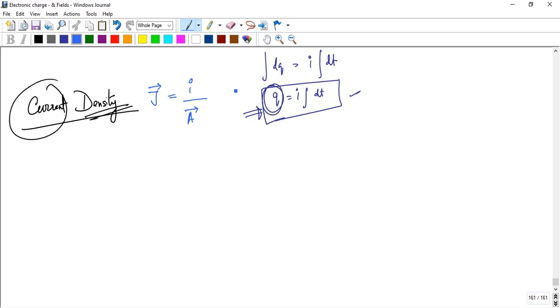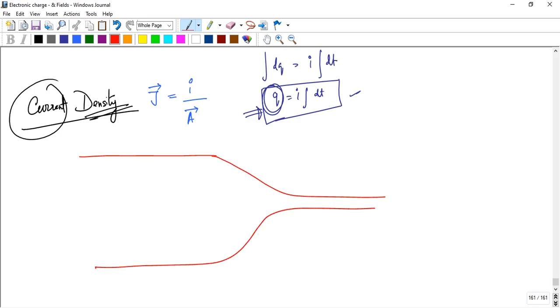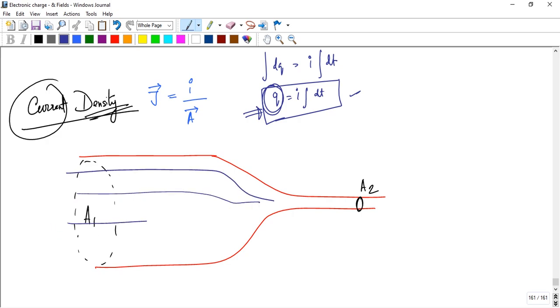Suppose you consider a pipe with streamline flow, and you look at the cross-sectional view. Here the cross-section is A1, and here the cross-section is A2. Here it is much denser, because area 2 is less than area 1.